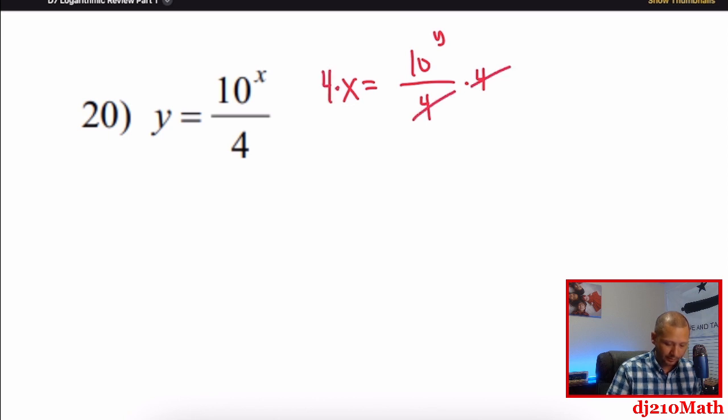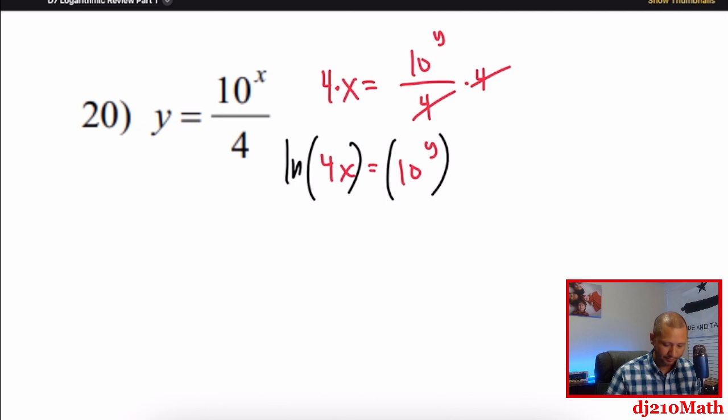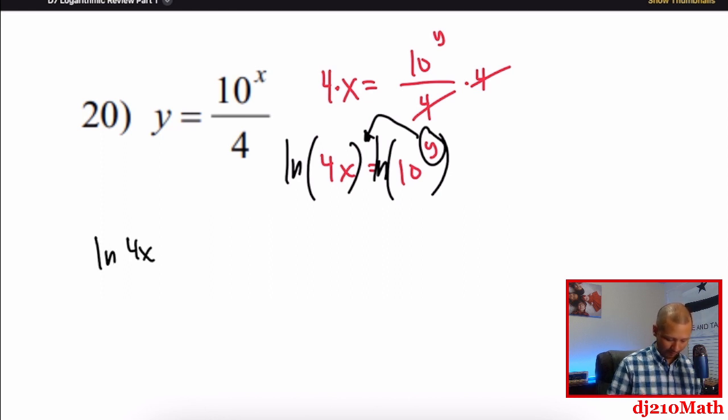Therefore, 4x is equal to 10 to the y exponent. Again, the y is in the exponent, so I'm going to apply the natural log to both sides of the equation, which is going to allow the y to come down in front, giving us natural log of 4x is equal to y natural log of 10.